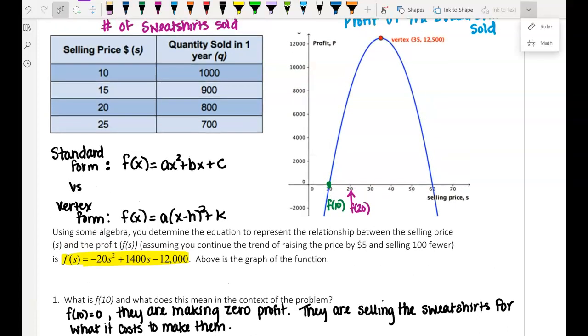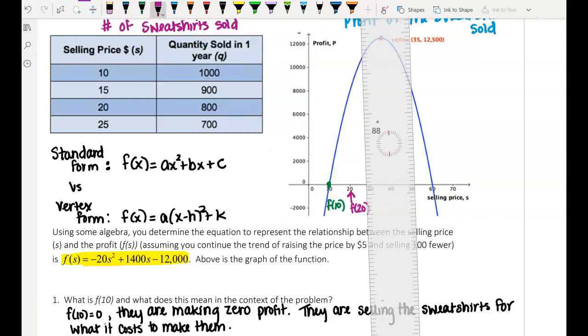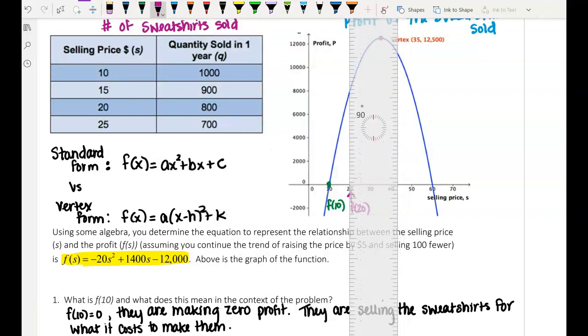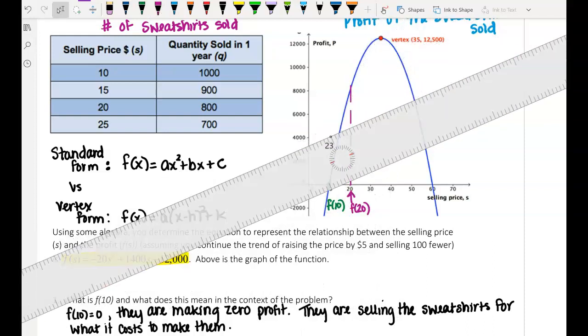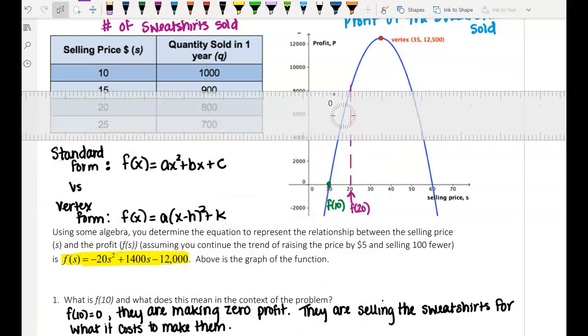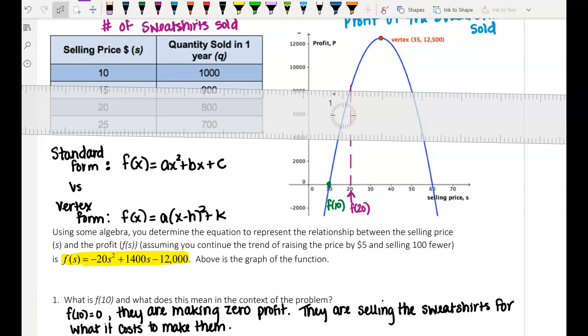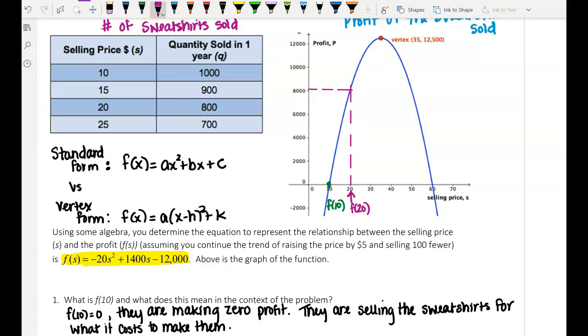If I take out my ruler, and I line it up with that 20, I can see where my profit is.